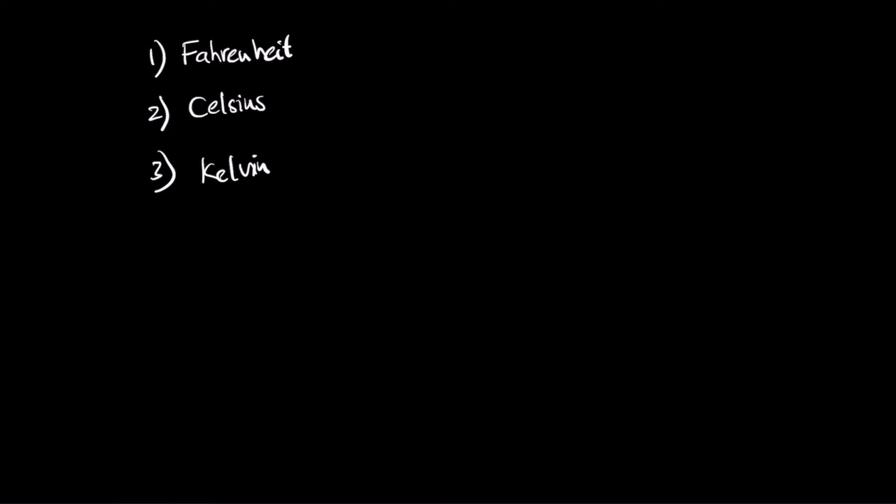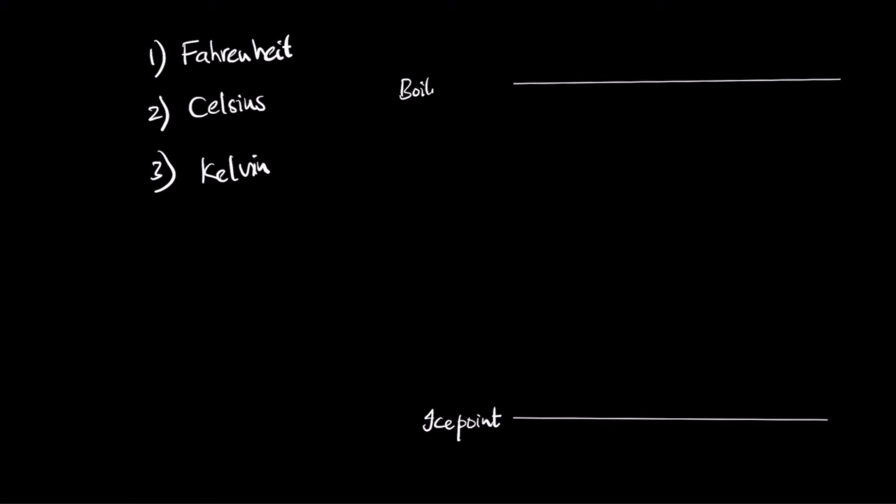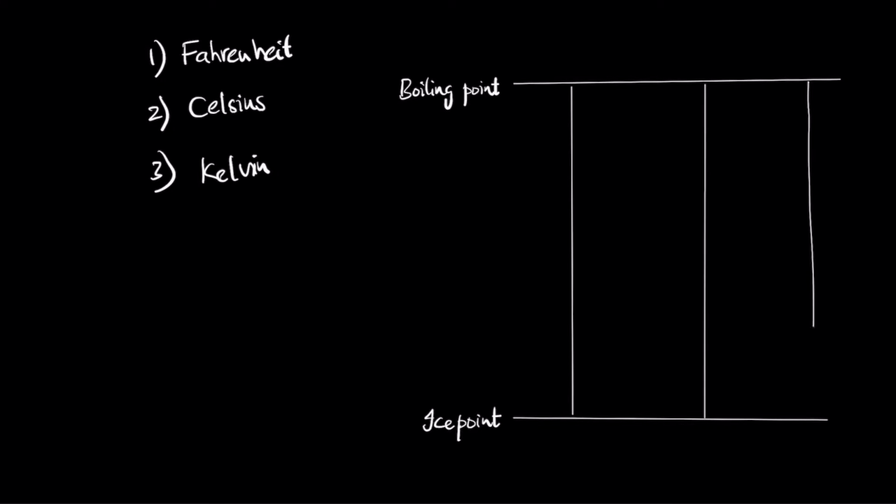So for example, if you consider this to be the ice point and this to be the boiling point or steam point, let's consider this as the Celsius scale, this as the Fahrenheit scale, and this as the Kelvin scale.